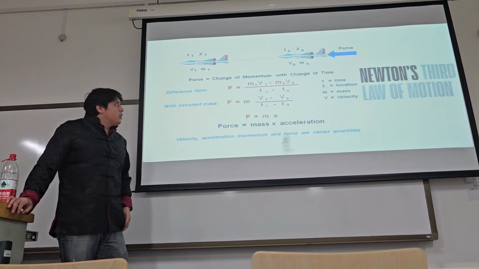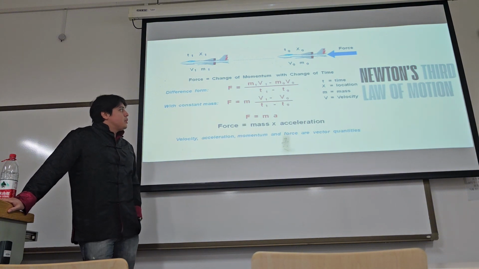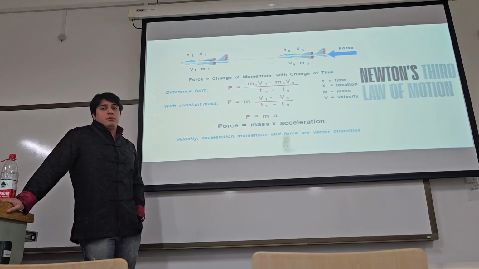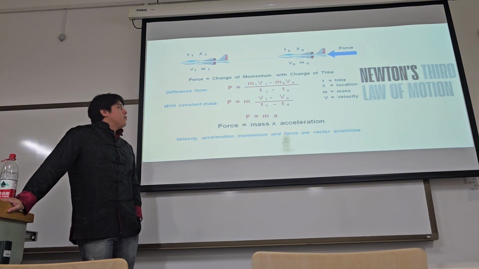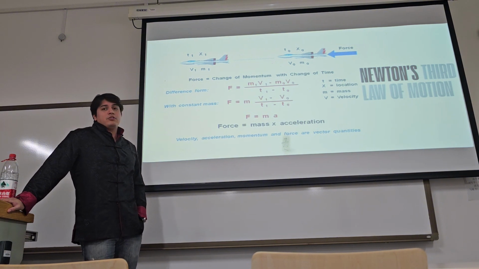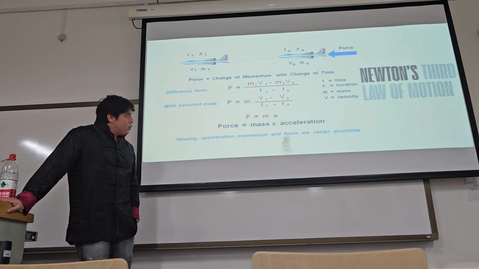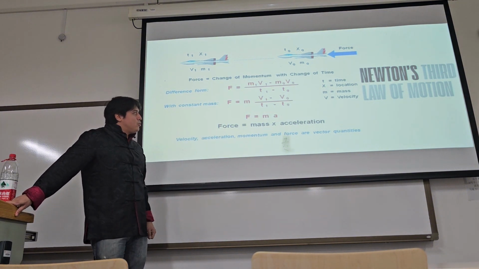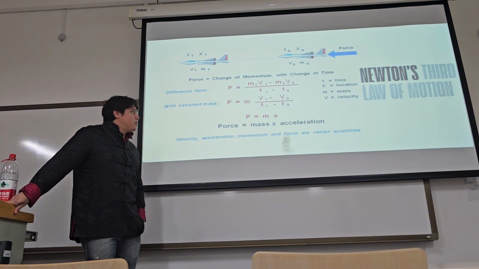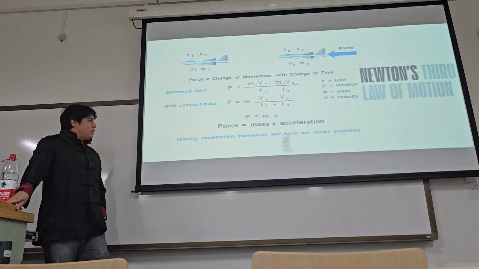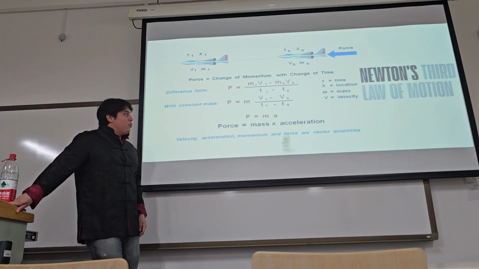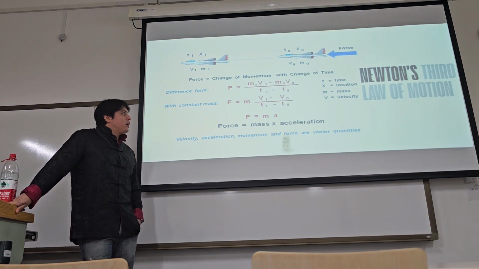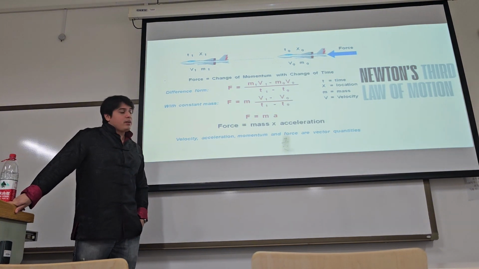So the force will be equal to the mass times the final velocity minus initial velocity, divided by the final time minus the initial time, which can further be simplified into the force being equal to the mass times the acceleration. And we also need to know that velocity, acceleration, momentum, and force are vector quantities, which can be multiplied and divided by each other.